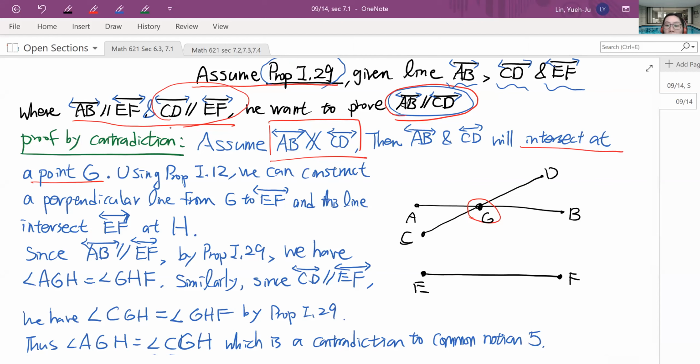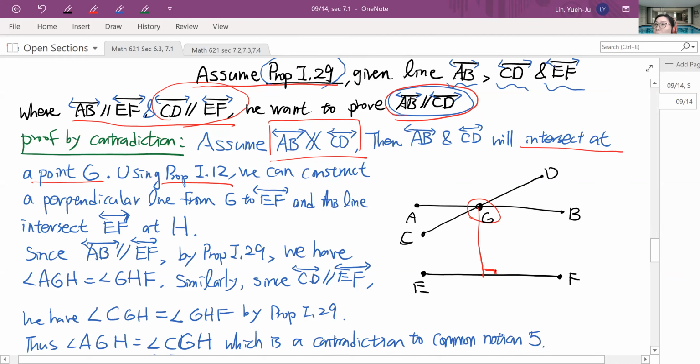So now with this intersection point G, we want to use proposition 1.12 to construct a perpendicular line from G to EF. This is doable by the construction proposition 1.12, okay? So now we can construct such a line from G to EF, and this is perpendicular.